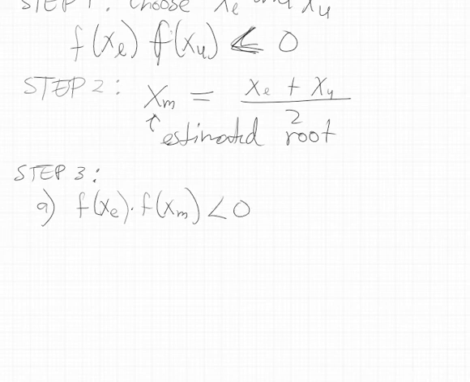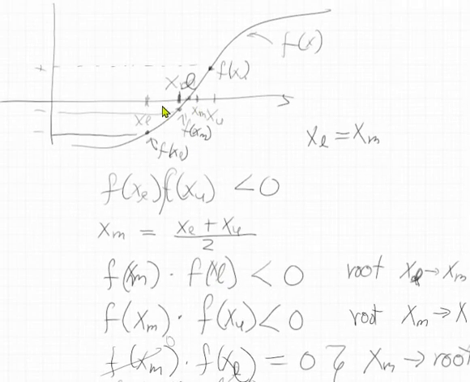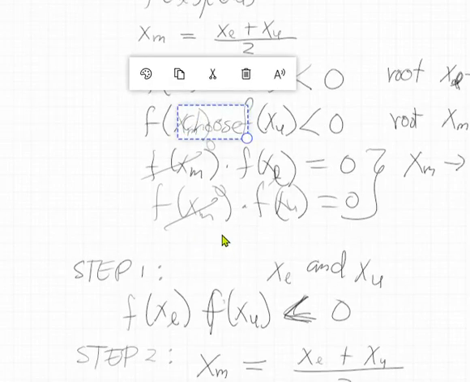So what do we do if this is true? If f of xl times f of xm is less than 0. So we said before that if it's less than 0, meaning there is a root located on that interval.